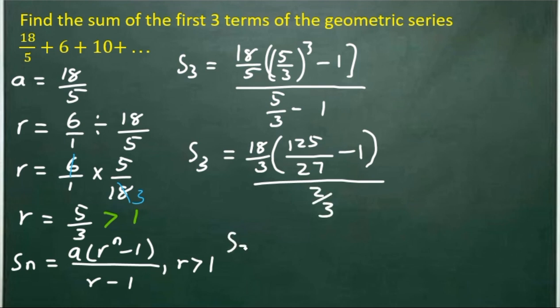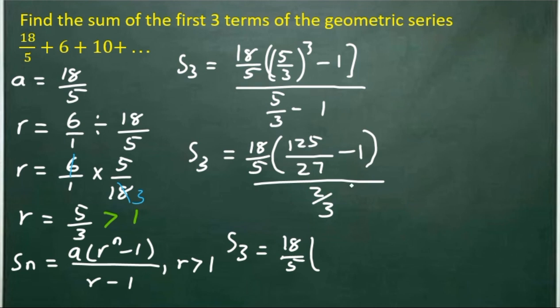Alright, so for the sum of the first three terms, this should be 18 over 5, not 3. So 18 over 5 into bracket. When we simplify this, it is going to give us 125 minus 27, which will be 98.